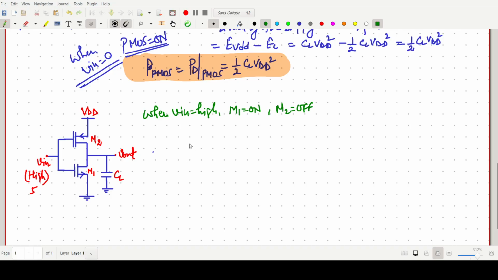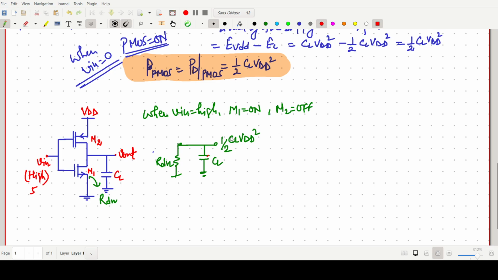So there will be some CL capacitance, and there must be some pull down network resistance, RDN. The energy stored by this capacitor during the on state of the PMOS is half CL VDD square.